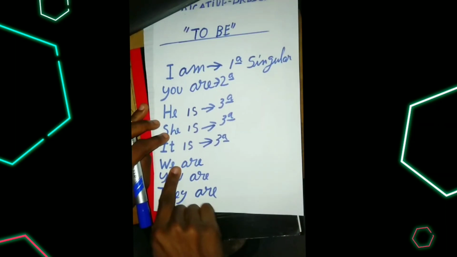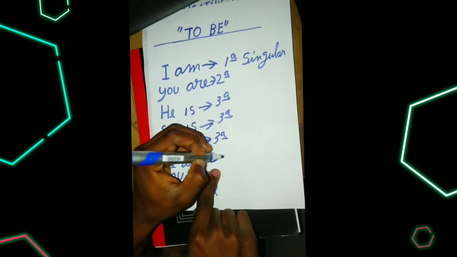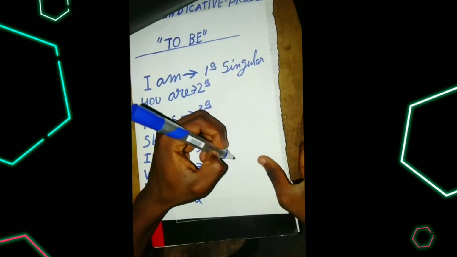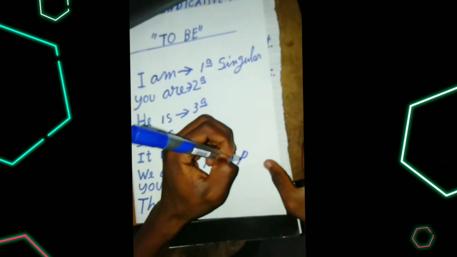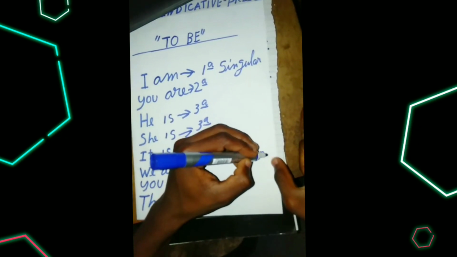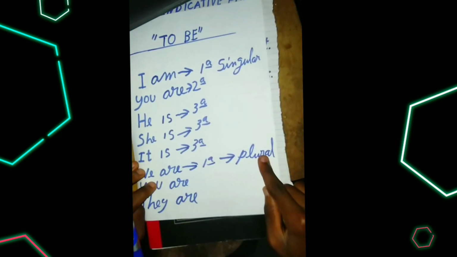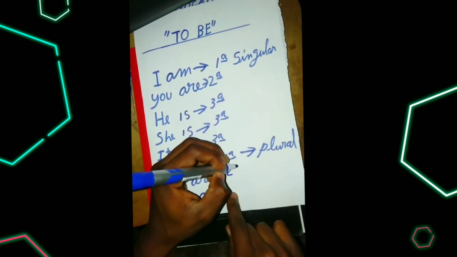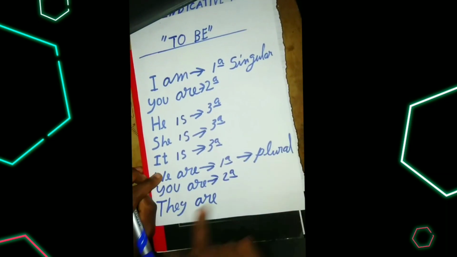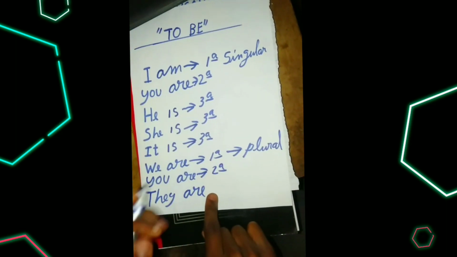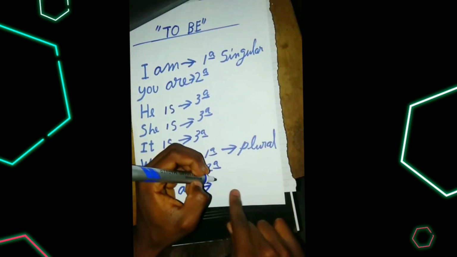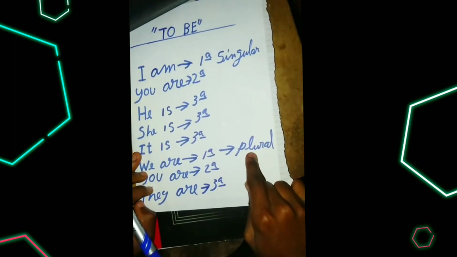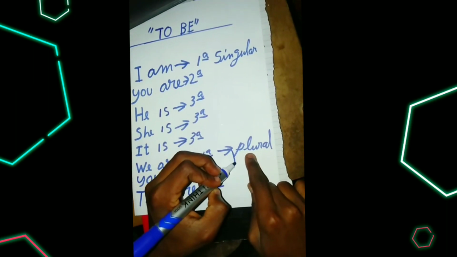And here we are is the first person plural. You are is the second person plural. They are is the third person plural.